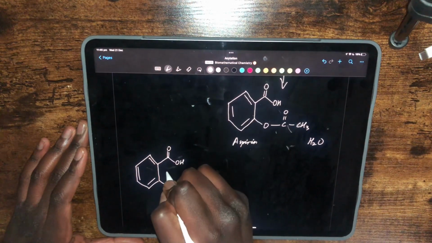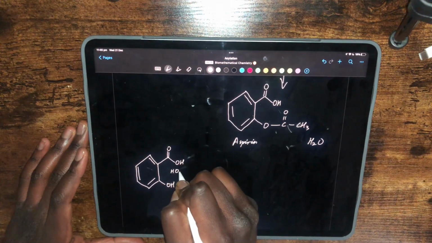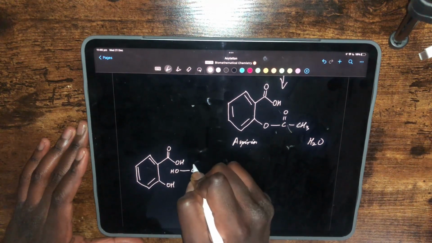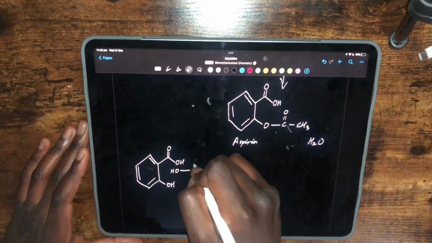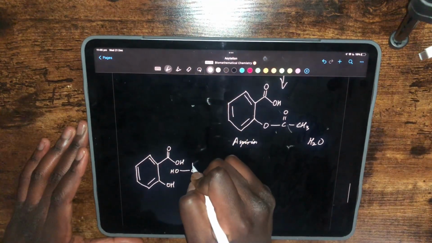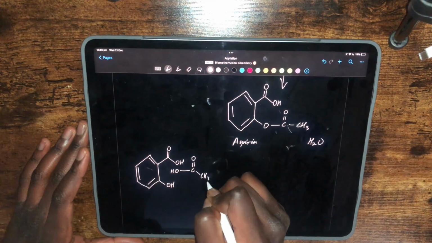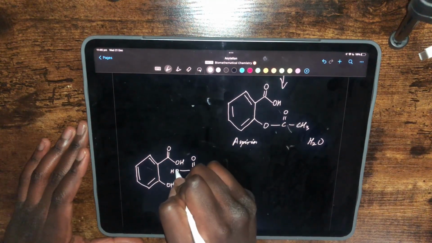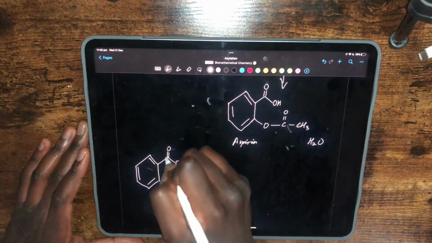Okay. Why do I always do this part here wrong? Here we go. This part goes here.